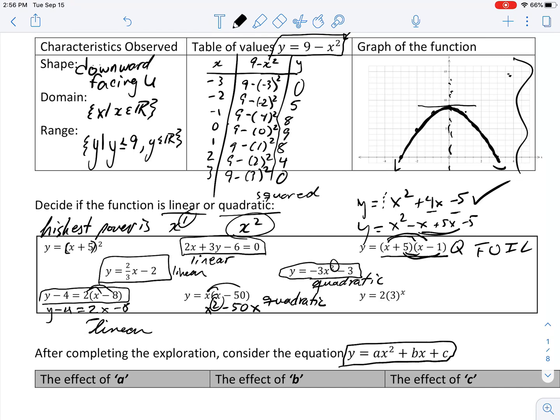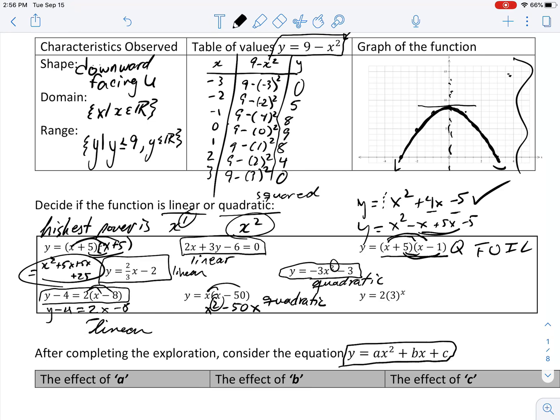Whenever I have a binomial squared like that, what I like to do is write out that binomial twice. X plus 5 times x plus 5, x squared plus 5x plus 5x plus 25. I'm just doing FOIL, right? X squared, 5x, another 5x, 25. So this is also a quadratic.